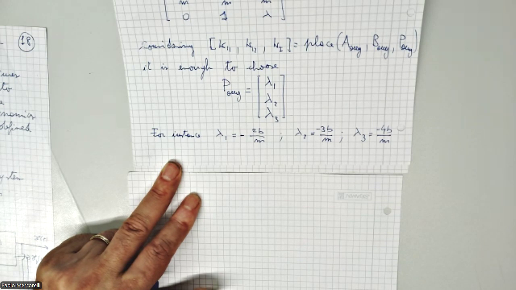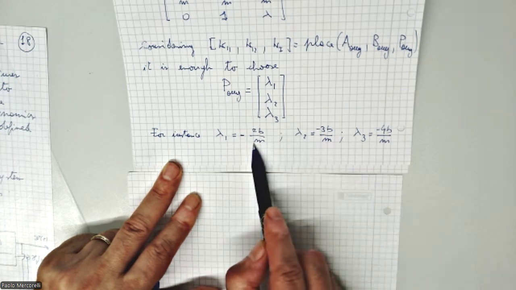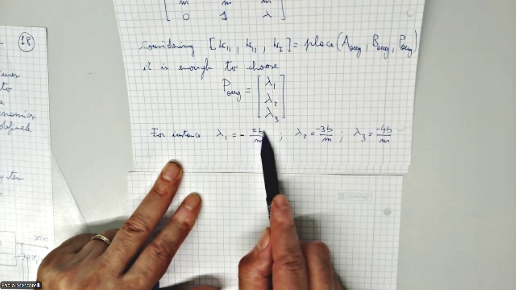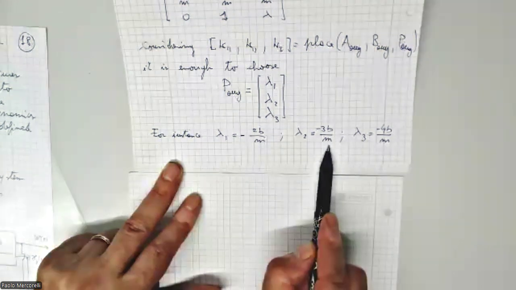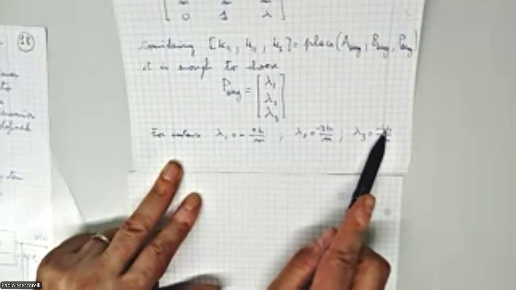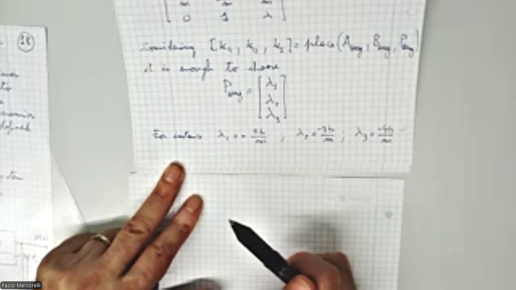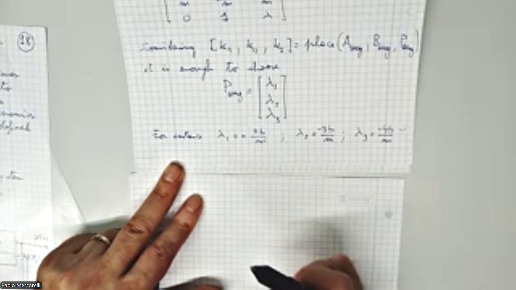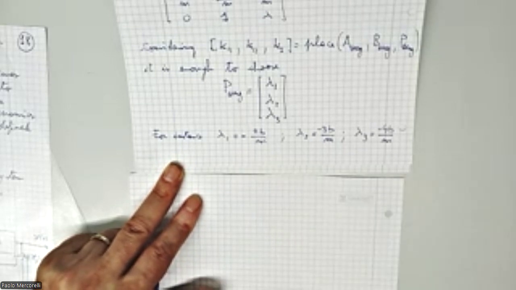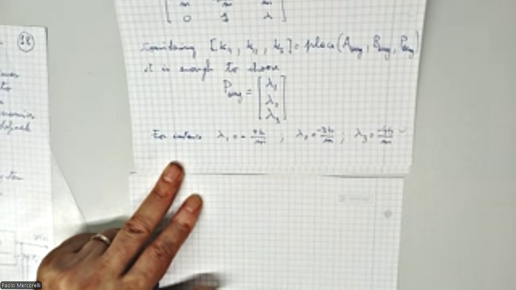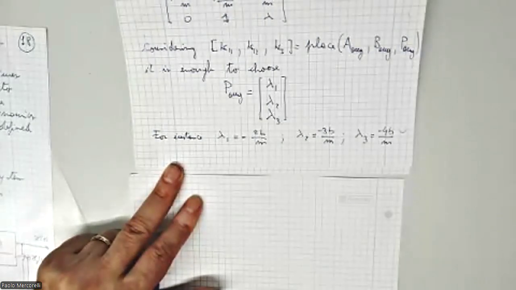Now, here, why I consider minus 2b divided by m, minus 3b divided by m, minus 4b divided by m? If I am telling you at least 2 times, this means that the minimal eigenvalue in absolute value must be at least 2 times the minimal eigenvalue, in absolute value, of the original system.